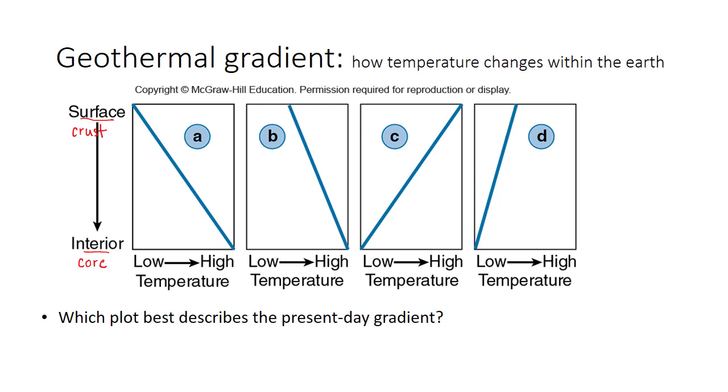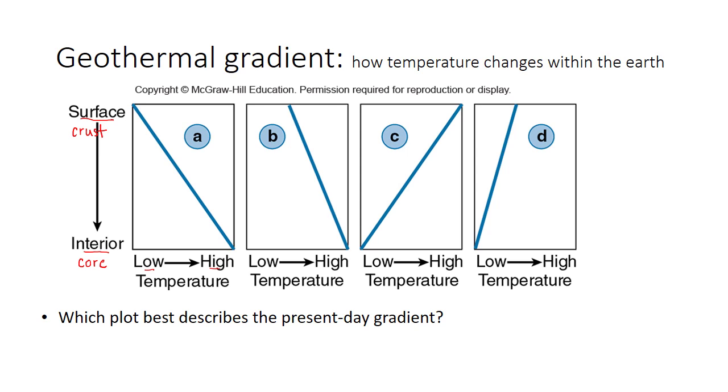These are very schematic diagrams. Okay, they don't have the exact numbers. They give us the general trends. All right, so as we go from the surface down, what is the temperature doing? Okay, so each of these options shows going from low temperature to high temperature.